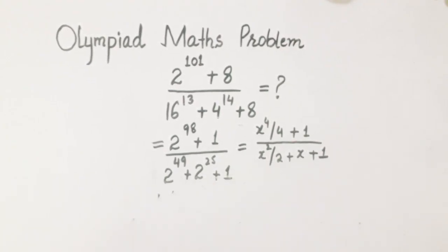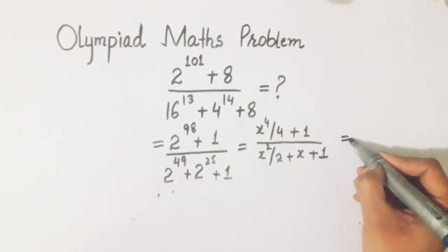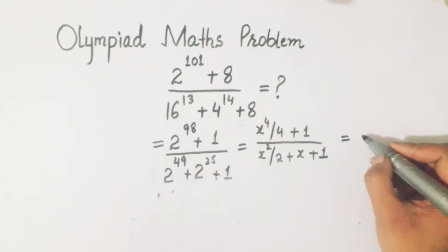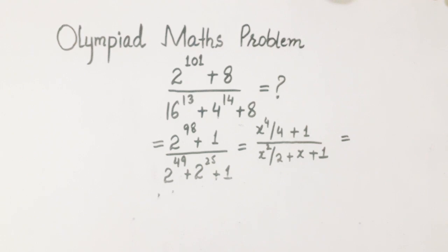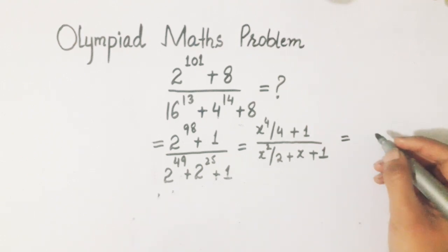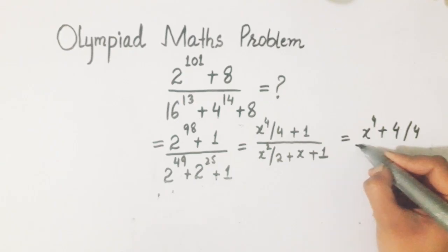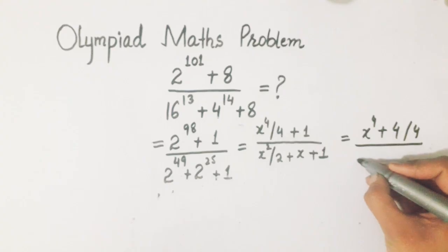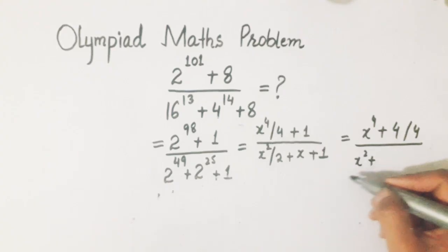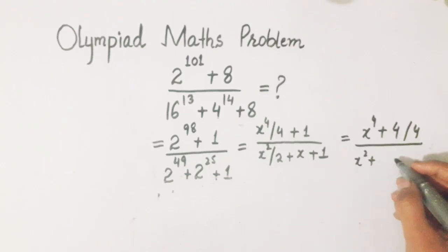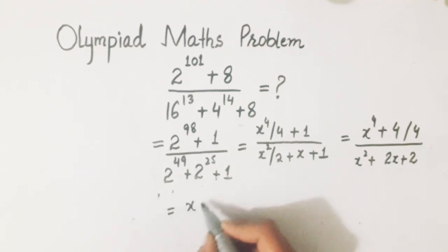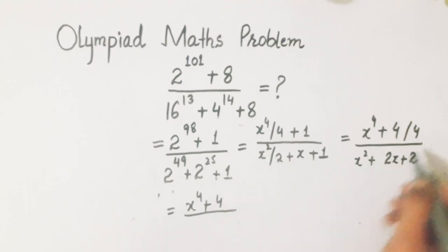We will solve this further. By taking the LCM we get (x to the power 4 plus 4) divided by 4 in the numerator, and in the denominator we take the LCM and get (x square plus 2x plus 2) divided by 2.